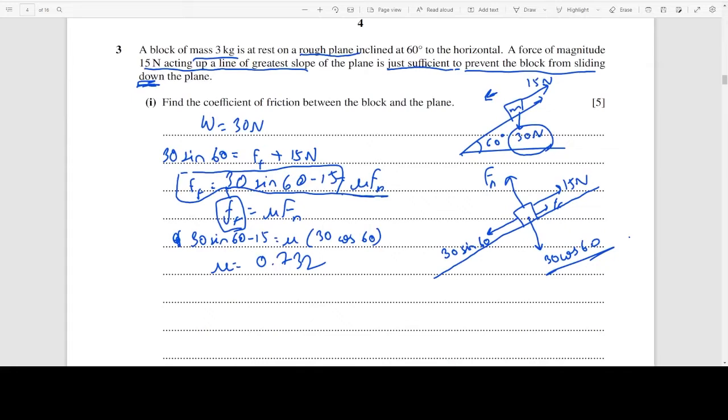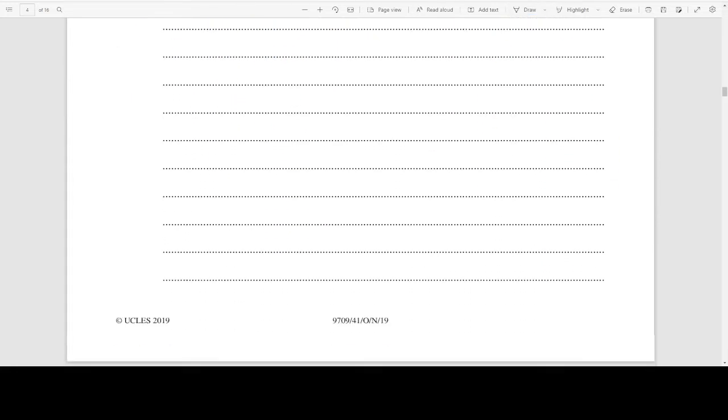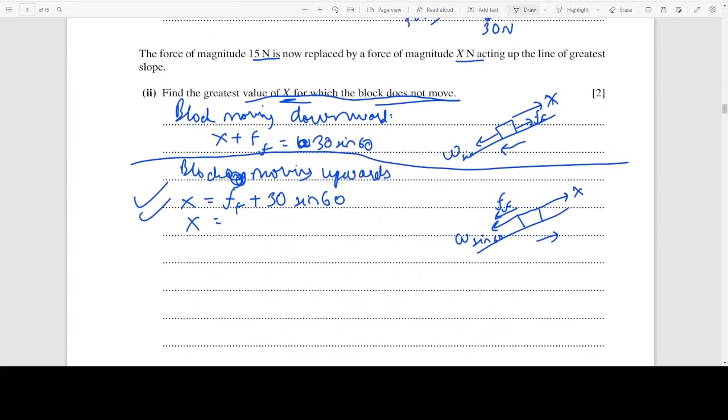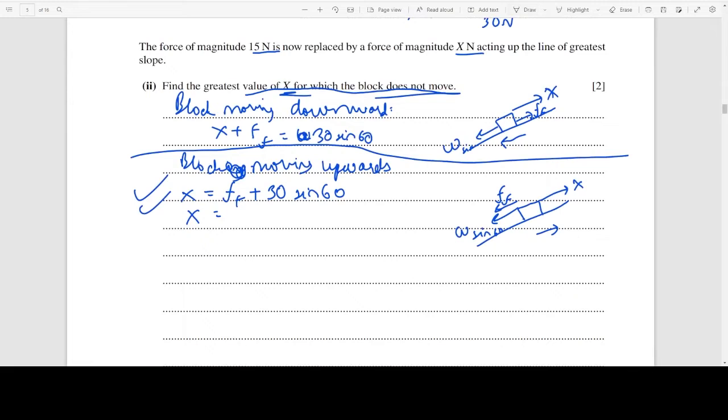So x is equal to, if the frictional force is mu naught Fn, which is 0.732 into 30 cos 60. I hope you guys know how, because we have this cos component, we have the frictional force here, and the normal force over here, so frictional force equals mu naught Fn, which is the normal force, correct?